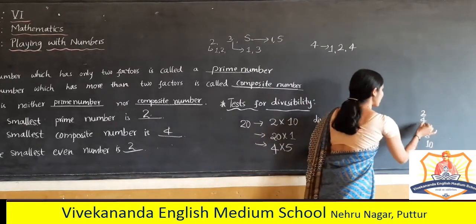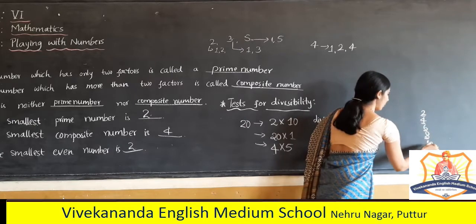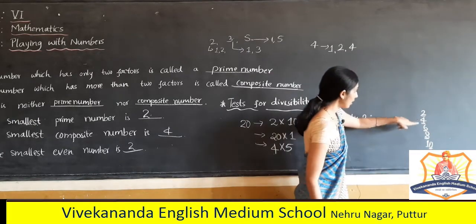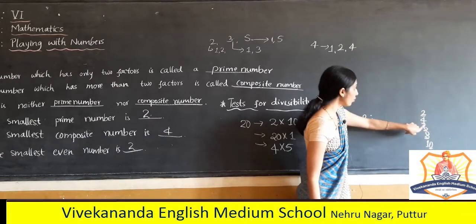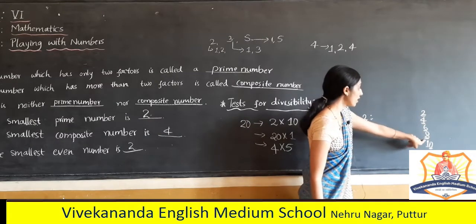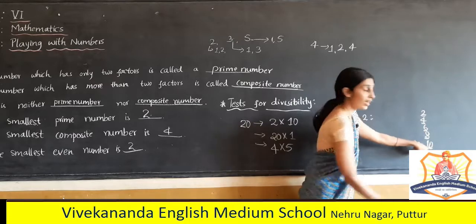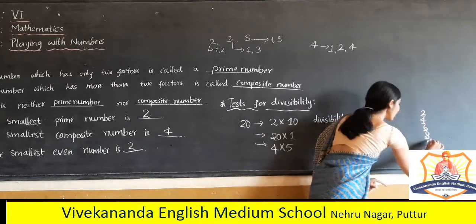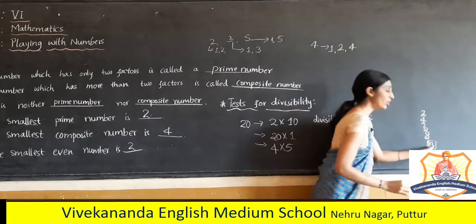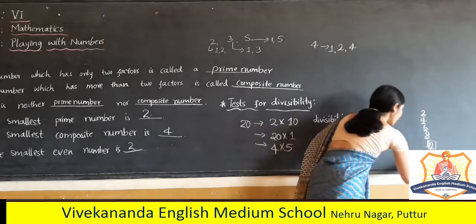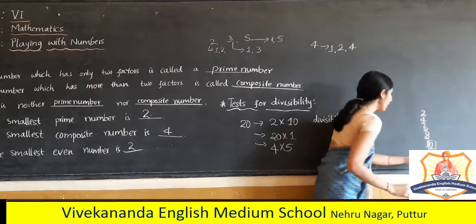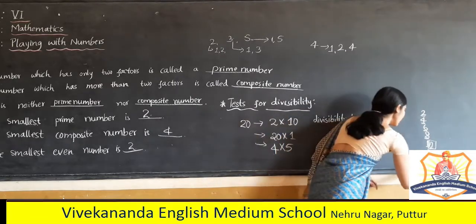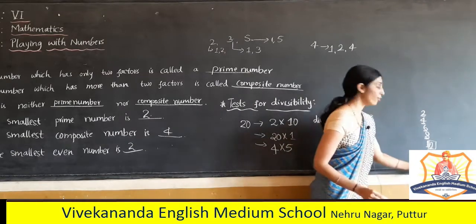The numbers which are ending with 2, 4, 6, 8. Here it is a 2-digit number, so in the units place it has got 0. A 2-digit number in which the units place has 2, in its units place it has got 4.